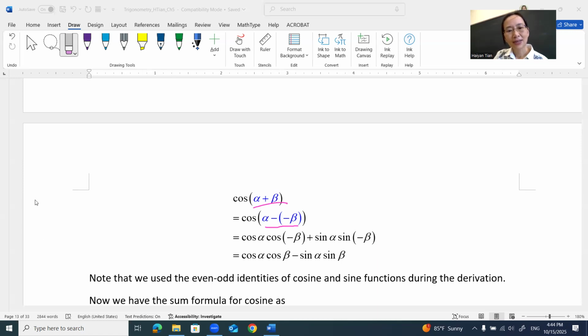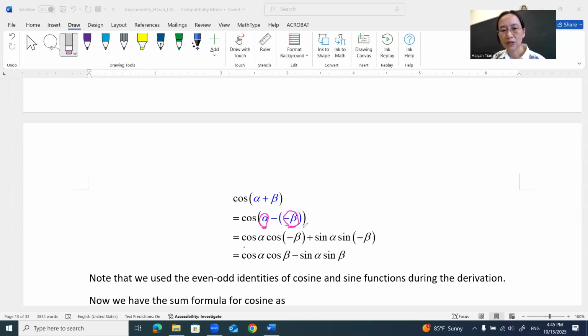So in this case, we get cosine alpha, cosine negative beta, plus sine alpha, sine negative beta. We just simply apply the difference formula for cosine, because the first angle is alpha, the other angle is negative beta.